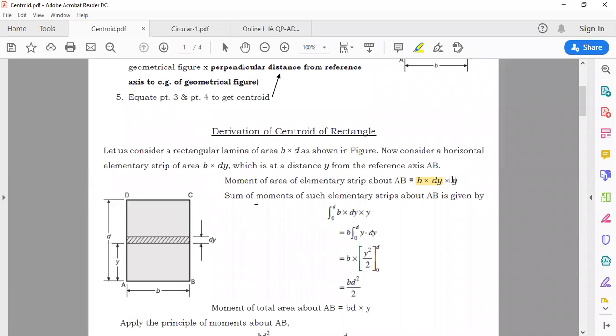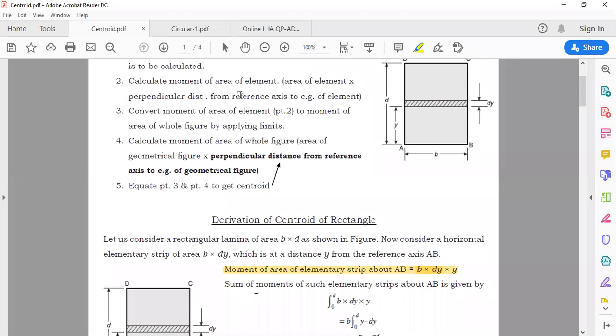And what is the distance of this strip from the reference axis? It is y. So it is area into perpendicular distance y. So you have fulfilled the second point, that is, you have calculated the moment of area of the element. So this second point is done.